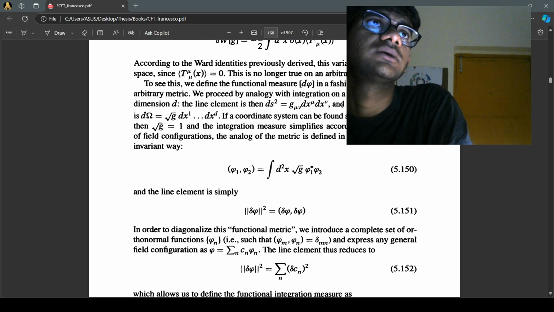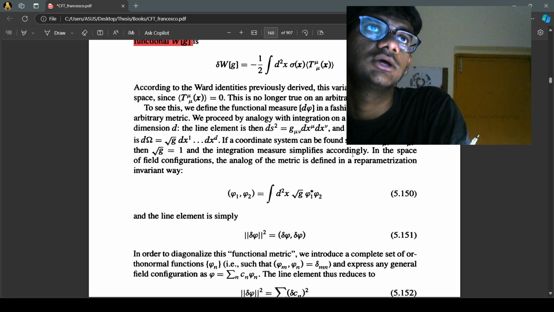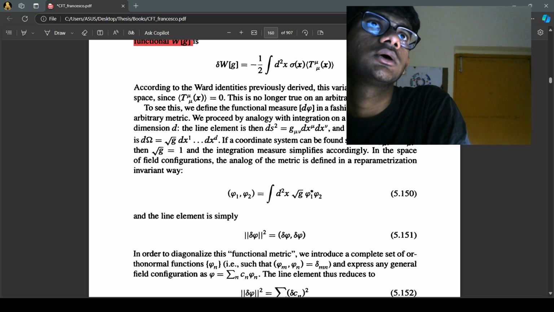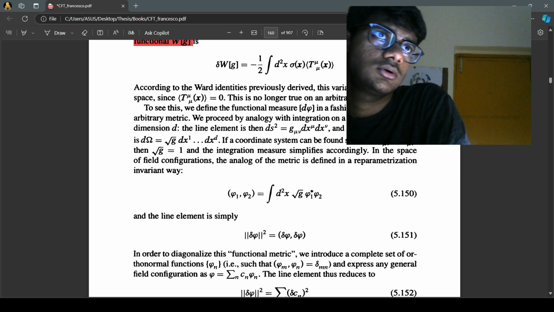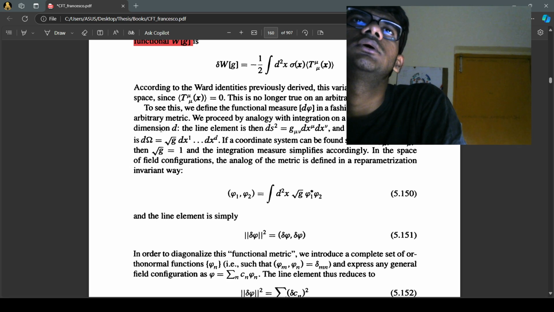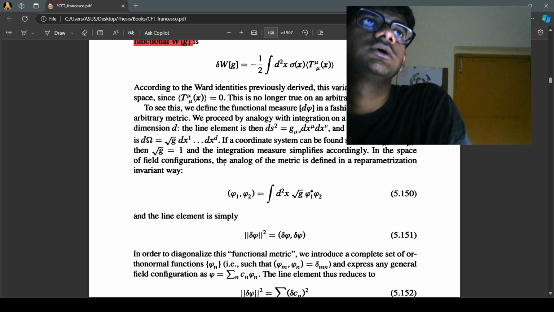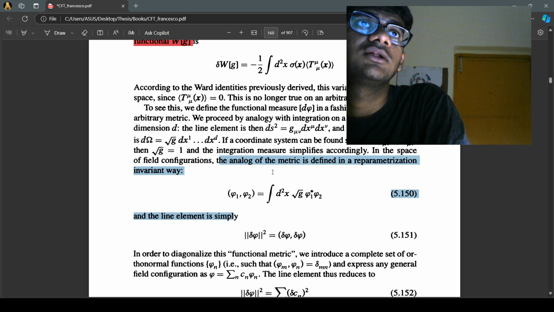Okay, if a coordinate system can be formed such that g mu nu is eta mu nu, then root g is 1, and the integration measure simplifies accordingly. Sure. Okay.